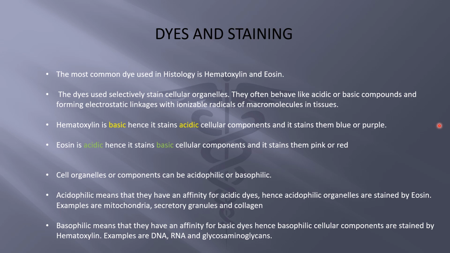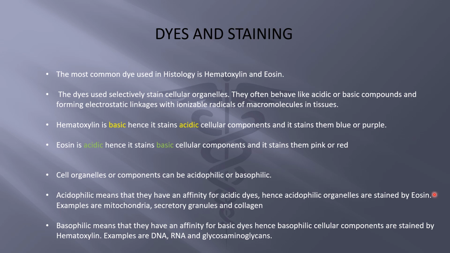The most common type of dye that we use in histology is hematoxylin and eosin. All right. It's a combination of these two chemicals, and it can also be called an H and E stain. Hematoxylin is basic, so it will stain cellular components with acidic residues in them, and it stains these cellular components blue or purple.